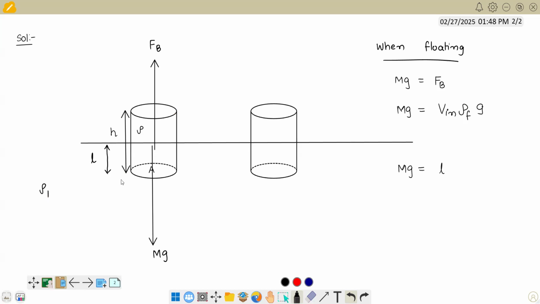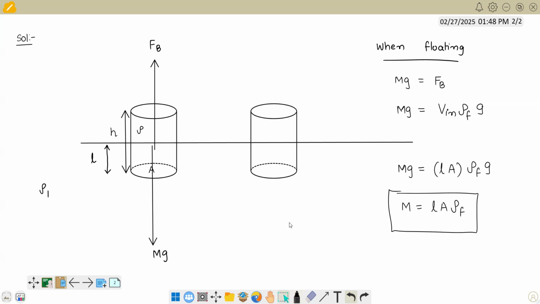So L is the length that is inside into base area A gives the volume of the cylinder that is inside, into density of fluid into g. Density of fluid is given as rho 1. So from this, we can simply write mass is equal to LA into rho 1. Now this will be useful in the next process.